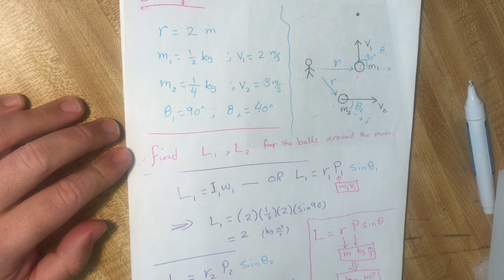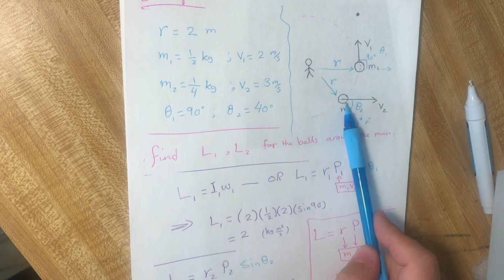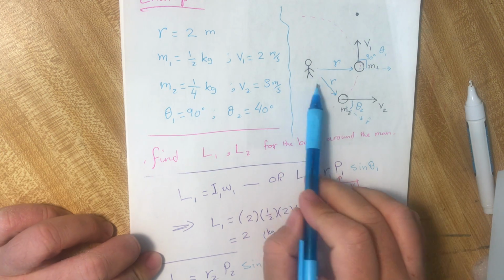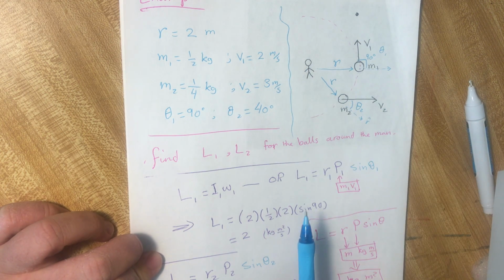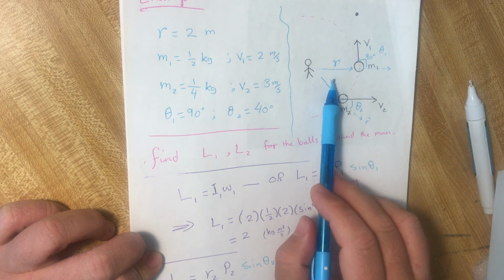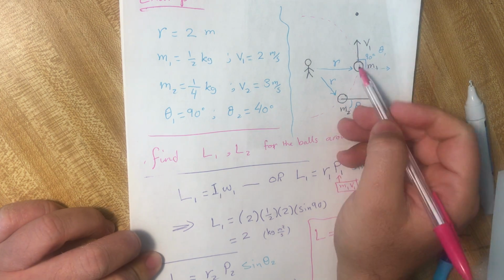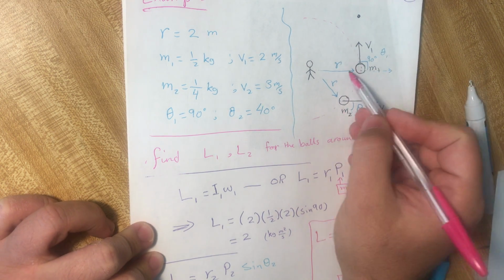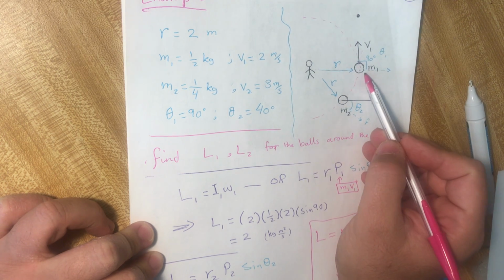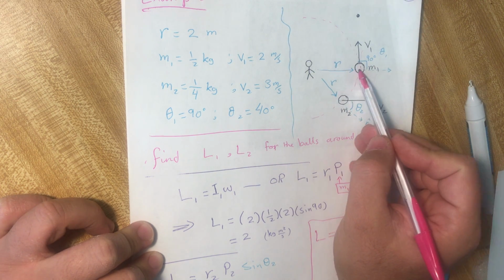Okay, if we have two balls moving around a person, they are away from him at a distance r. Look at this ball. This ball is rotating, and this is v for this m1, and this is r between the man and the ball.